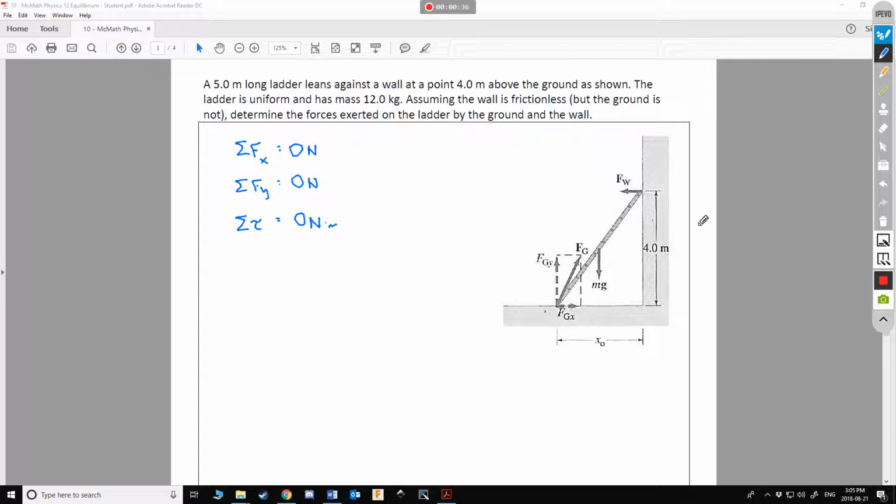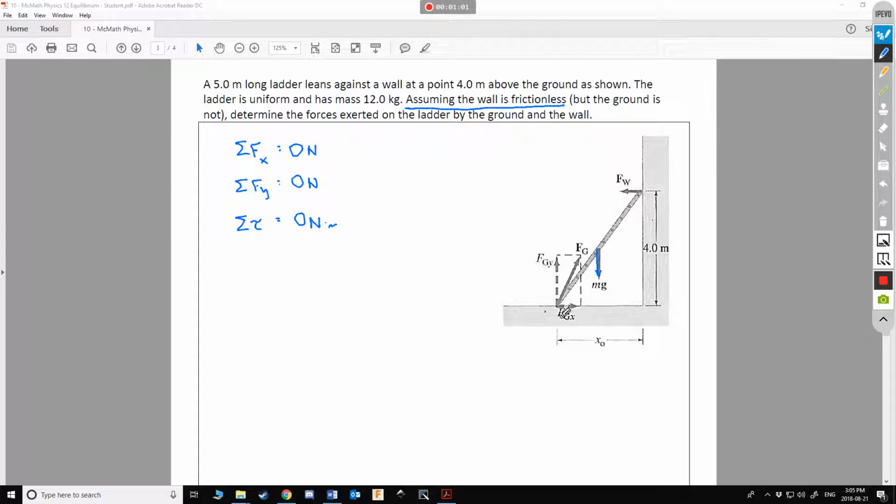What's happening in this one is that the key thing to be happy about is that we're told the wall is frictionless. This is important because if the wall was not frictionless, the problem would be a lot harder. On the wall there's just the normal force pointing out. The ladder itself has mass, so that's a force going downwards.